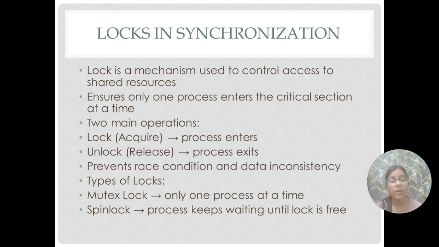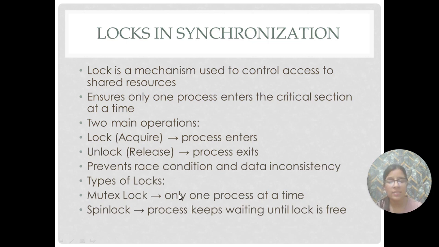Before entering the critical section, a process locks it, and after finishing it unlocks it. Lock means acquire, meaning the process enters. Unlock means the process exits, meaning release. This ensures that only one process is working at a time.